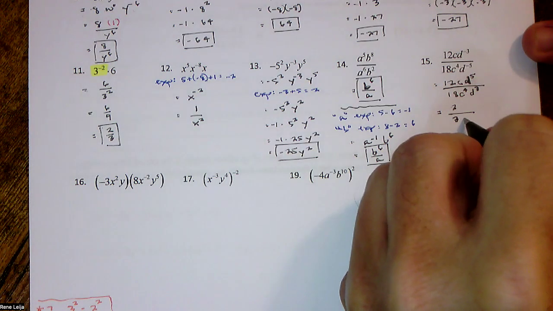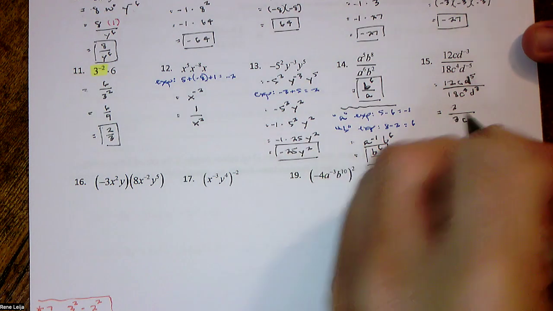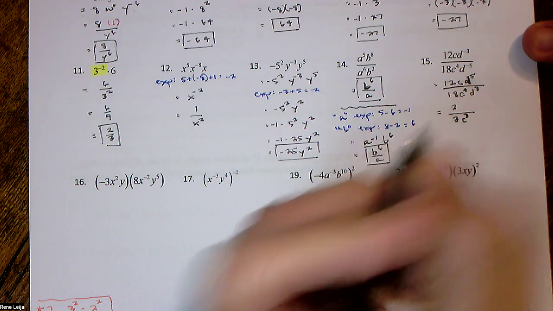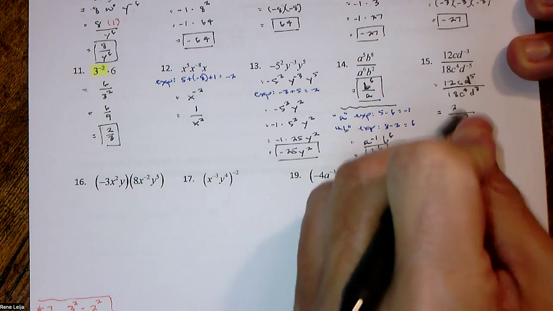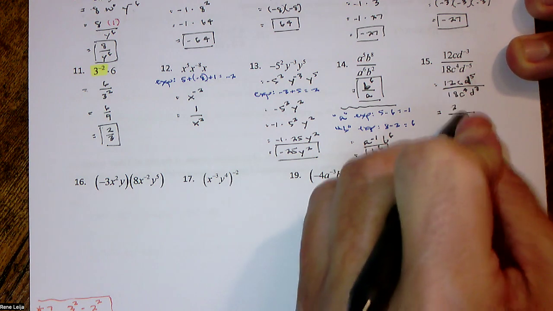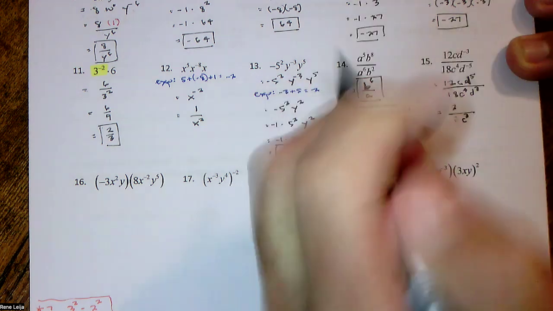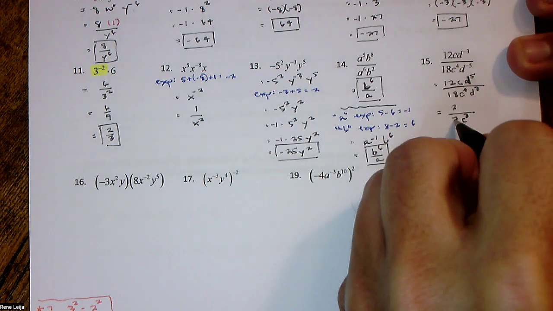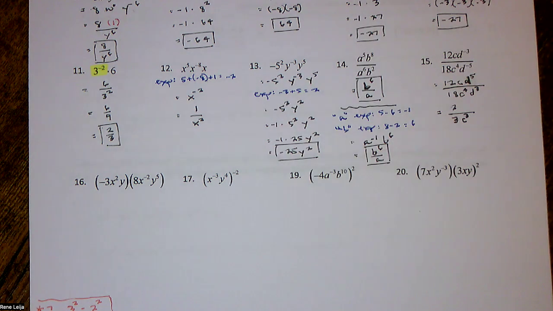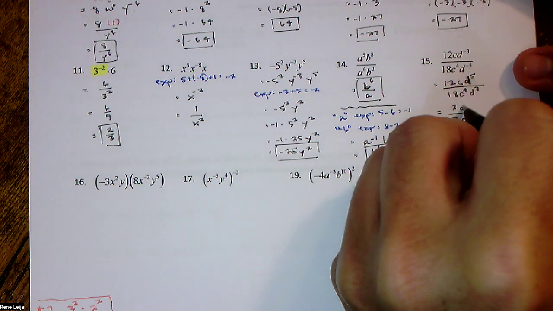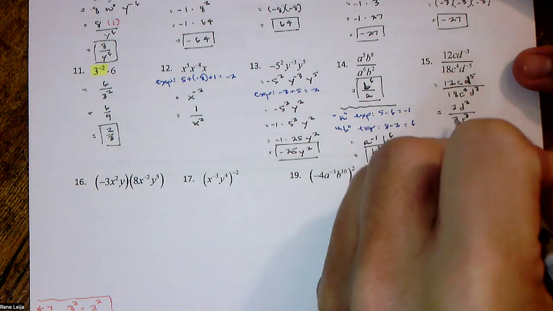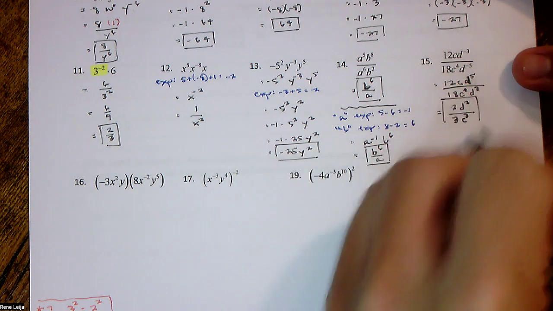So I have 3 more C's in the bottom than I do in the top. Now for the D's, we have D to the 5th over D to the 3rd. You have more D's in the top, so we have 2 more D's in the top than in the bottom. And that's it.